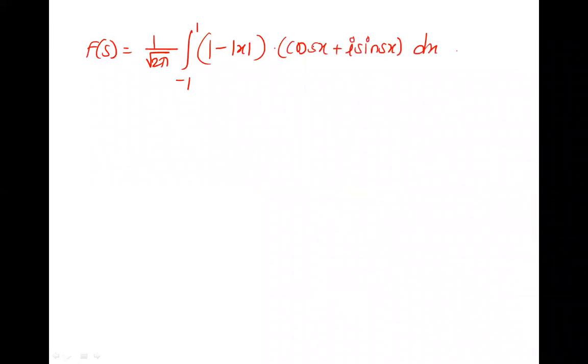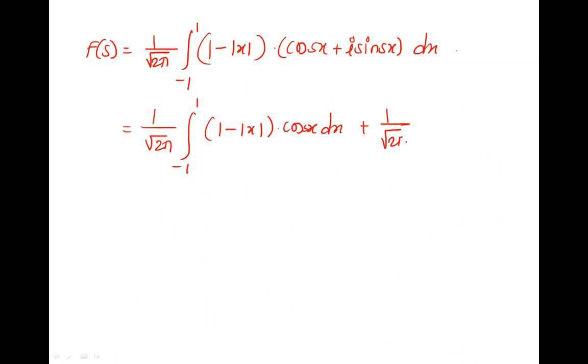This into this plus this into this will get separated. So I'll separate the integration: minus 1 to 1, 1 minus mod x into cos sx dx, plus 1 upon root 2 pi integration minus 1 to 1, 1 minus mod x into i sin sx dx. 1 upon root 2 pi is for both.